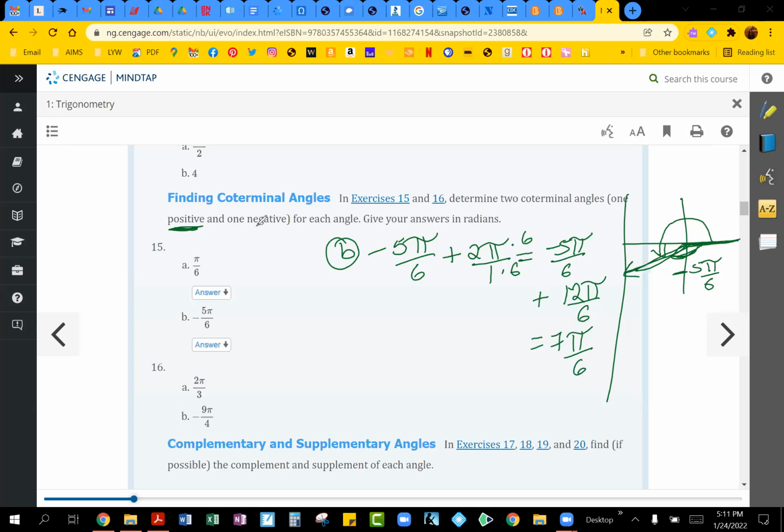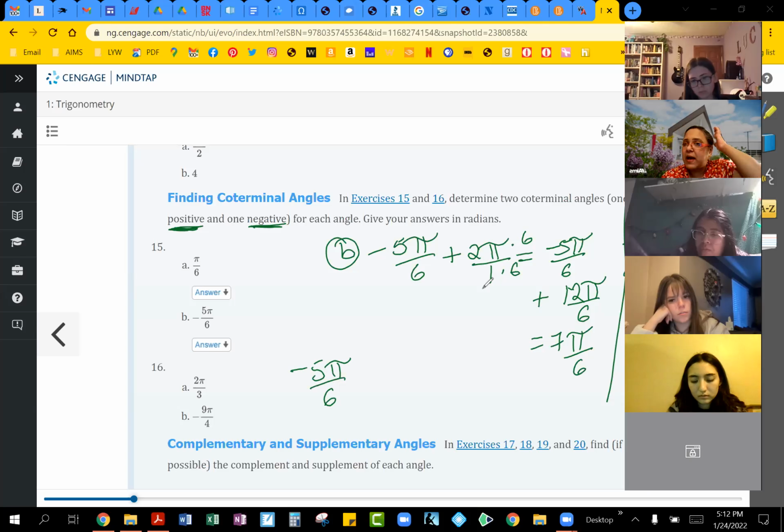Now to find the negative one, as you can see, adding 2 pi, or for that matter adding 4 pi, is not going to solve this problem, because you will just be going in that positive direction. So what do you think we can do to find a negative coterminal angle over here? You subtract 2 pi.